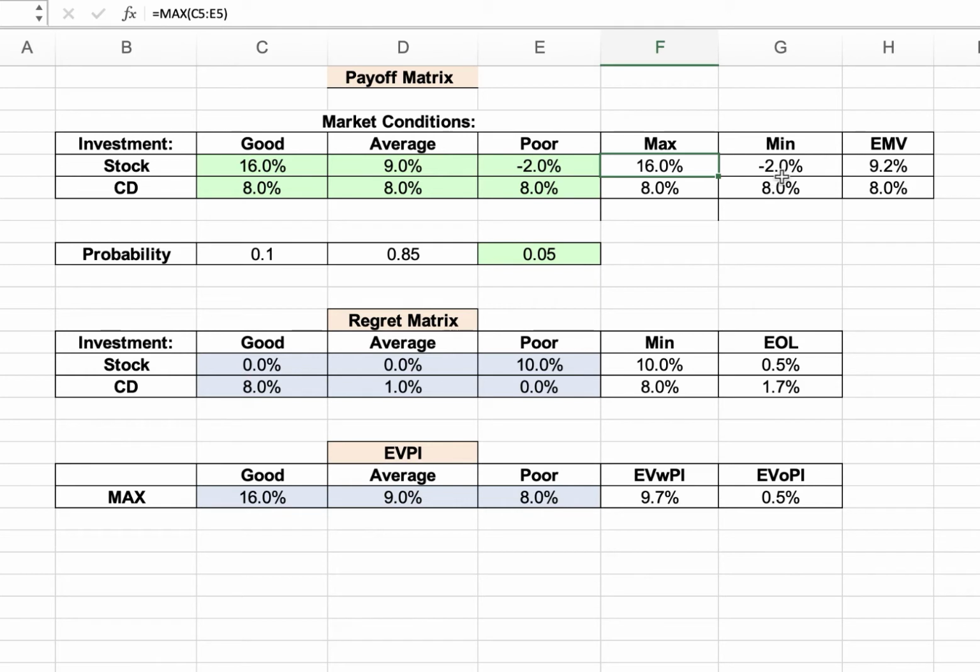We could also use the Maximin approach, where this is a more guarded position, looking for the worst outcome in each of the decision alternatives. Here our decision would be clearly to go with the CD. It has the best or the max of the worst returns for either alternative.